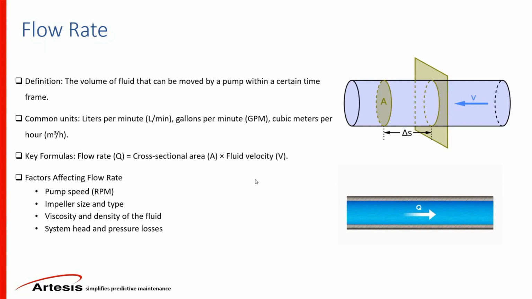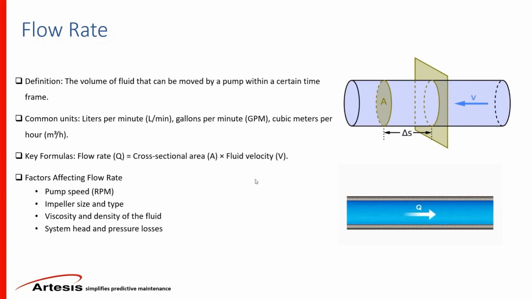So there are some factors that affect the flow rate. This is going to be very important, of course. The pump speed, the impeller size and the impeller type, viscosity and density of the fluid, the system head, and the pressure losses.